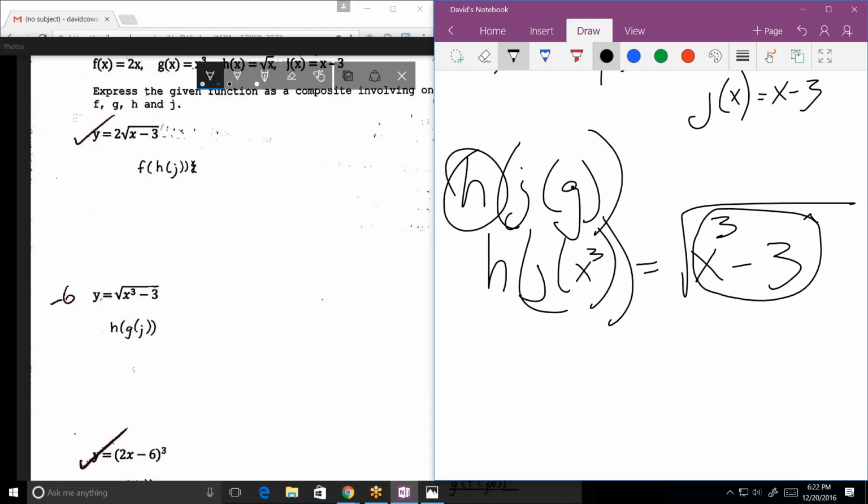Well, turns out that that's j of g. And it makes sense because if I take my j function and substitute the g function for x, I get x cubed minus 3. And then I need to take the square root of the whole thing, so I apply the h function to it also.